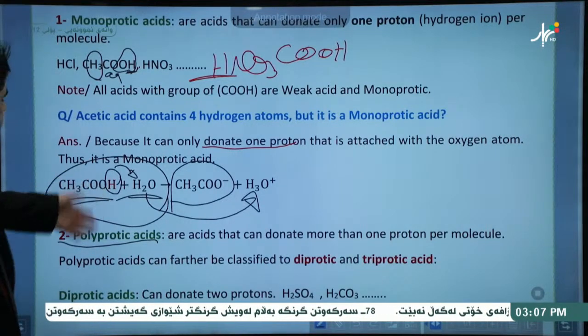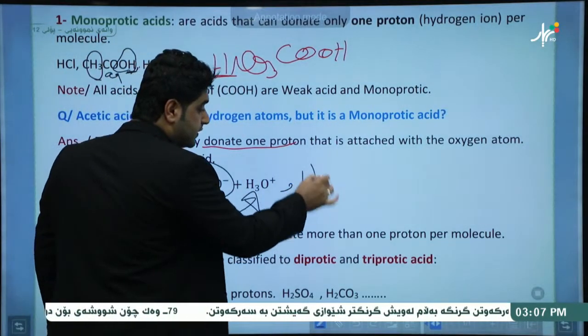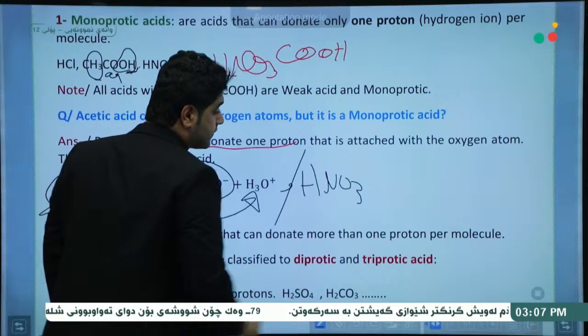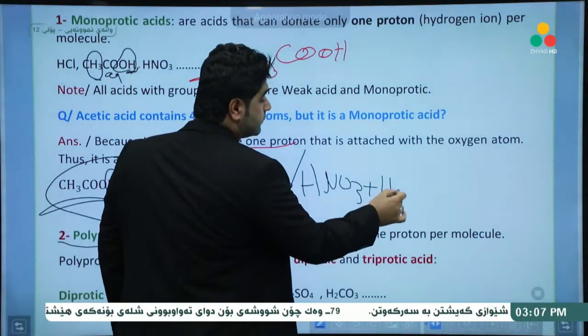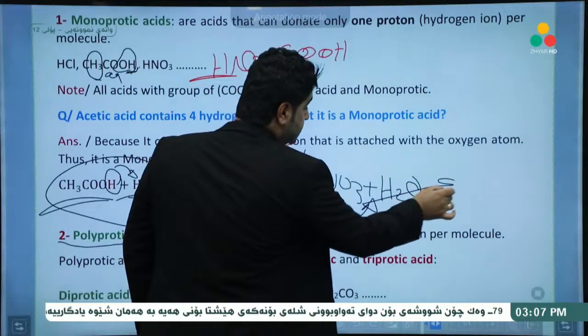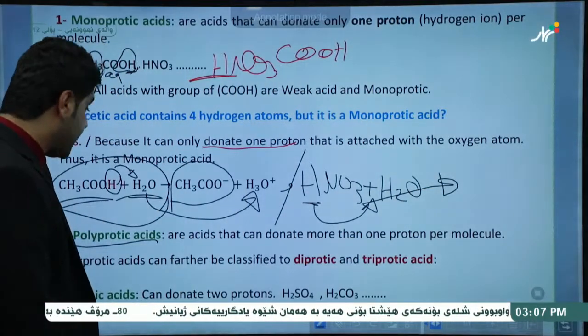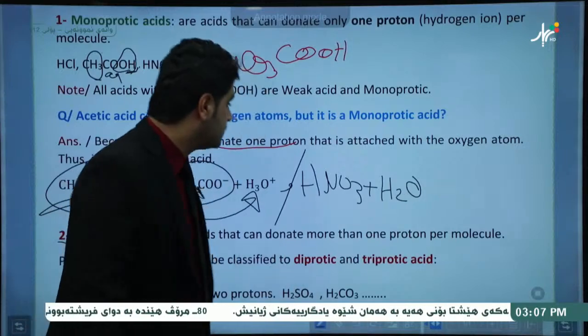Well, I prefer to do another example for the monoprotic acid. For example, HNO3 plus H2O. It can donate a proton to the molecule of water, but we should write a single arrow because of its weak electrolyte.